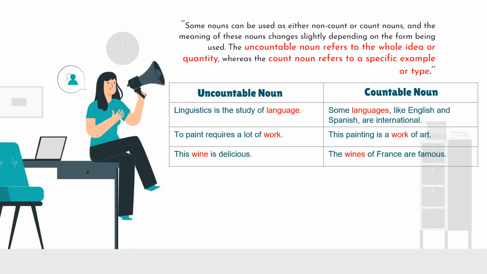Some nouns can be used as either non-countable or countable nouns, and the meaning of these nouns changes slightly depending on the form being used. Remember, the uncountable noun refers to the whole idea or quantity, whereas the countable noun refers to a specific example or type.